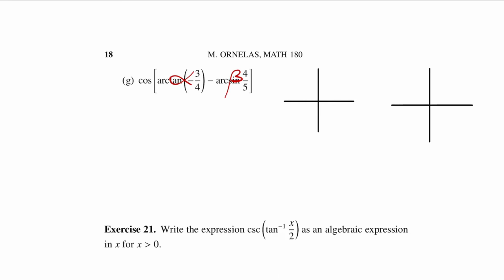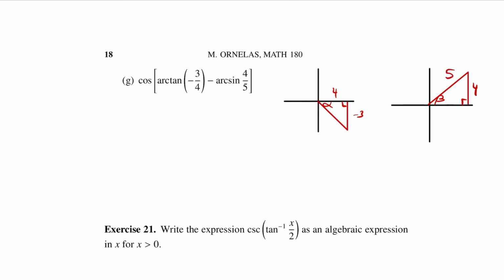Alpha is negative and it's tangent, so it's got to be in quadrant 4. That's opposite over adjacent because it's tangent. And beta is going to be in quadrant 1 because it's positive.